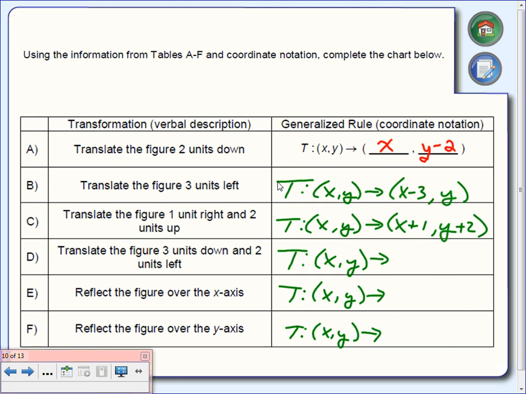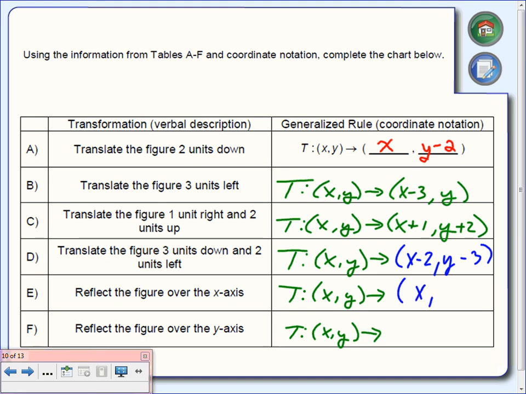All right, you guys are good. So about everybody's got it. Let's take a look at D here. What should I have for D? X minus 2, and we should have Y minus 3. For E, we're doing a reflection over the x-axis. So what do I need if I want to have a reflection over the x-axis?